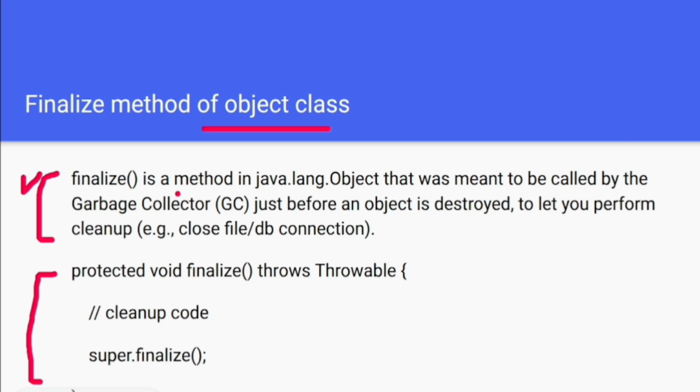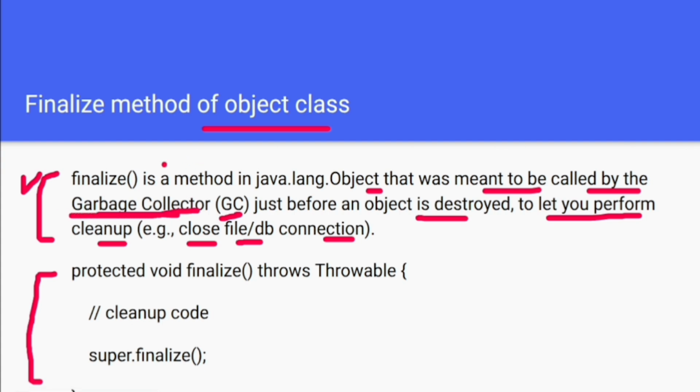Finalize is a method in the java.lang.Object class that was meant to be called by the garbage collector (GC) just before an object is destroyed, to let you perform cleanup like closing a file or DB connection. So basically, the finalize method is called by the garbage collector.